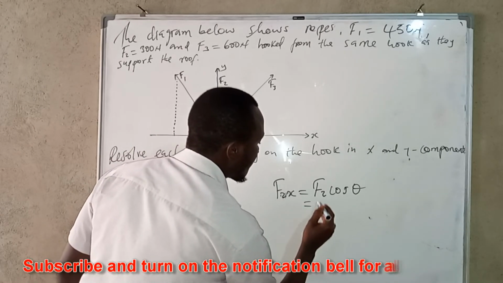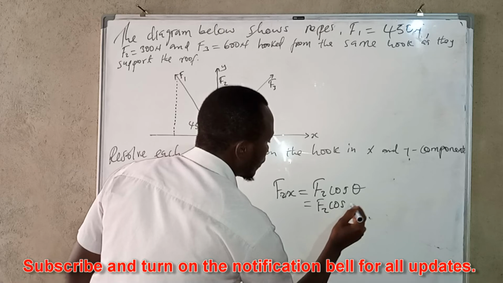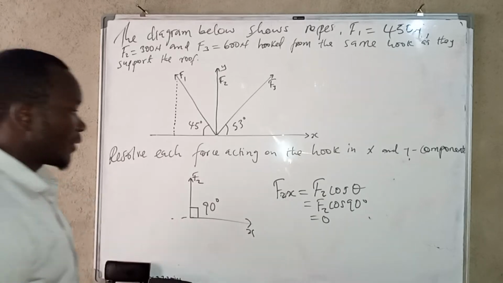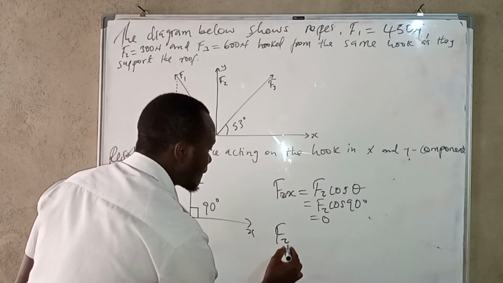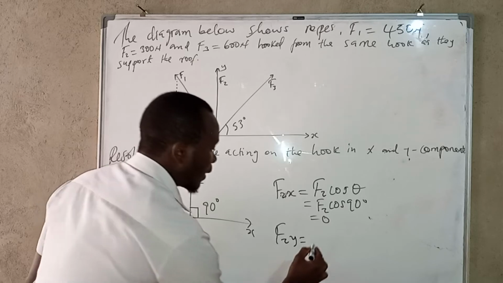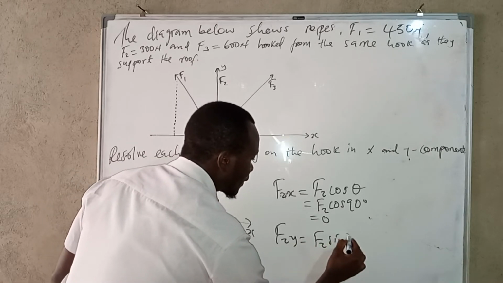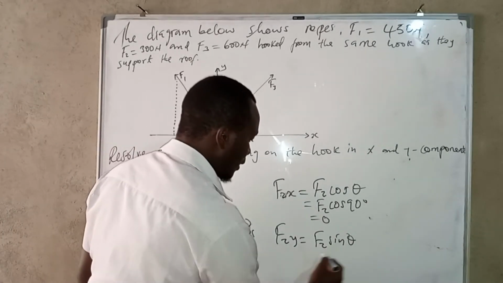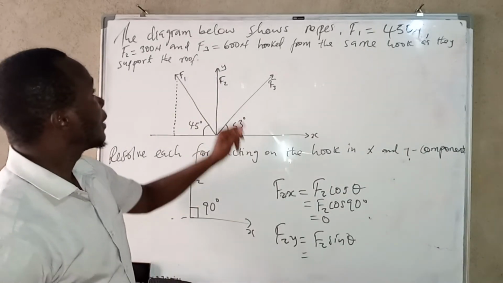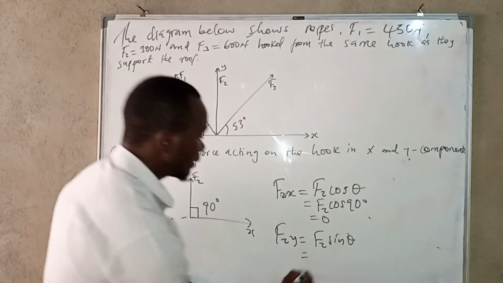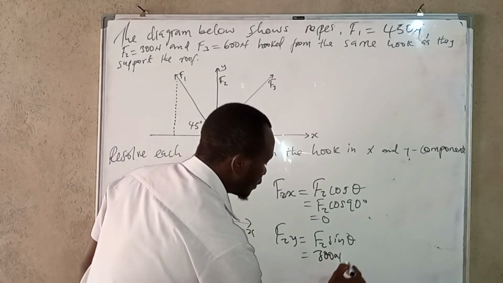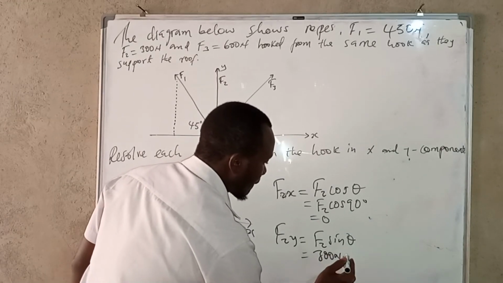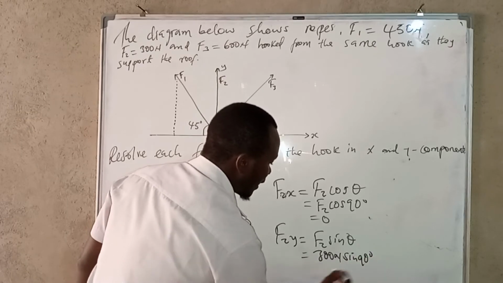Then F2y, we are going to have F2 sine theta. So for 90, if we put in the value, F2, we have 300 newtons sine 90 degrees.